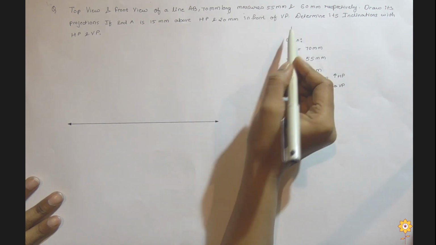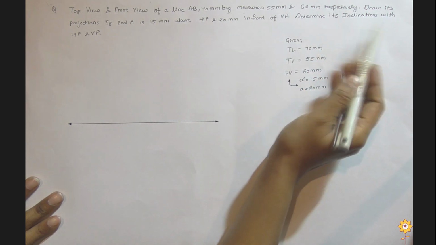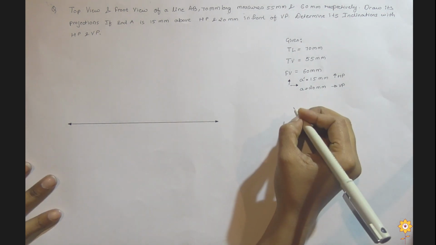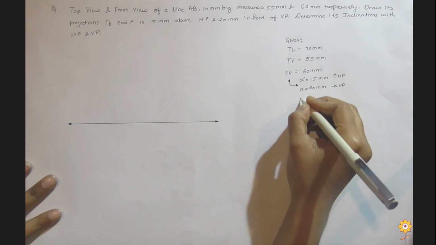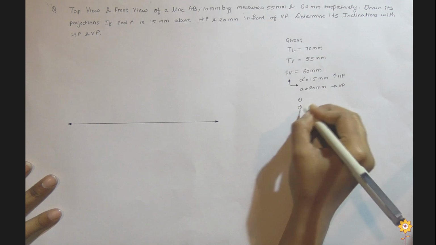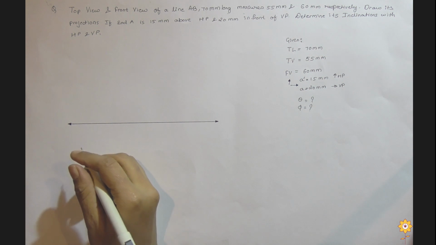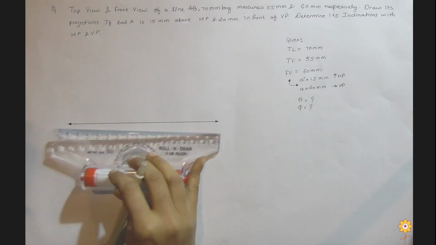Now the last is to determine the inclinations with HP and VP, which are theta and phi. These are our find.